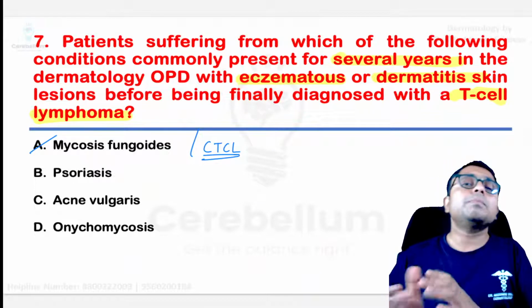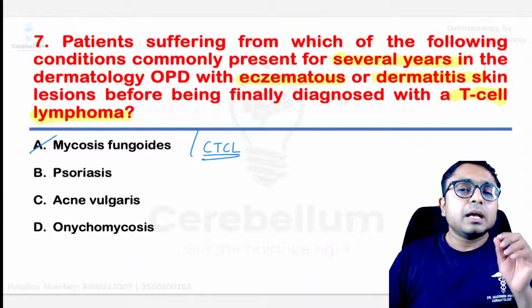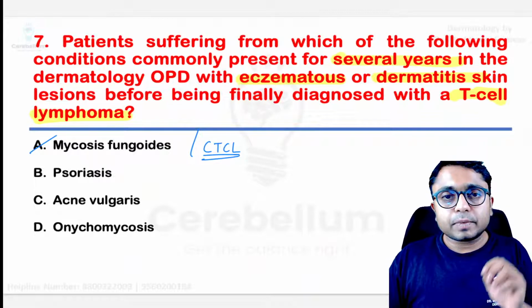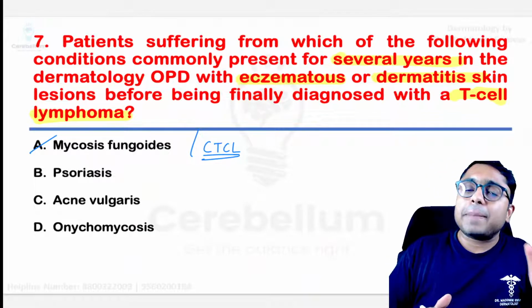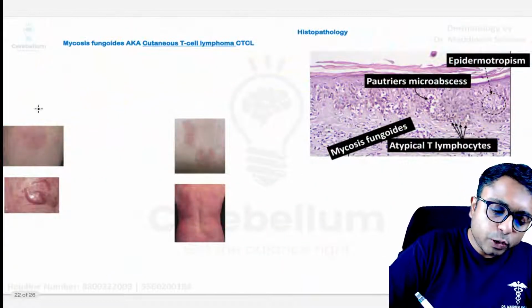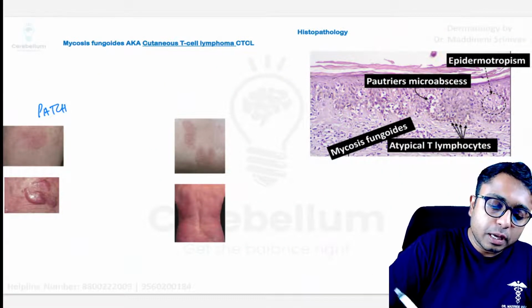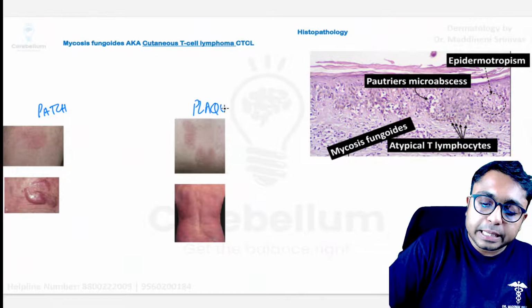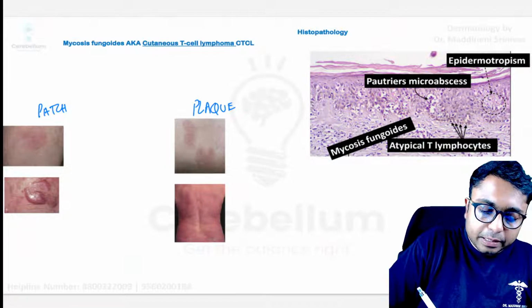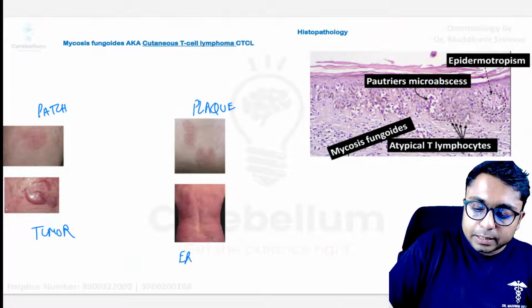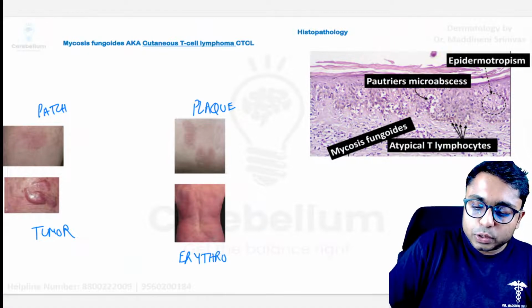Otherwise, if you remember, mycosis fungoides has 4 stages. Initially there will be a patch stage, and then there will be a plaque stage, and there is going to be a tumor stage, and finally there will be erythroderma. So these are the 4 stages associated.